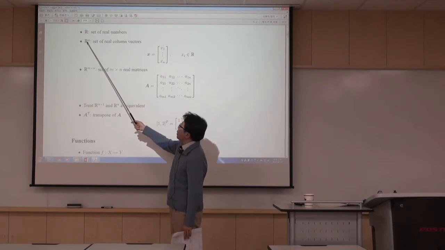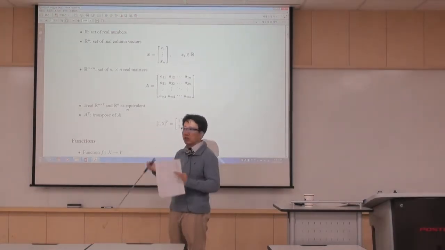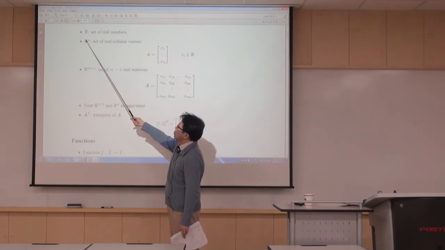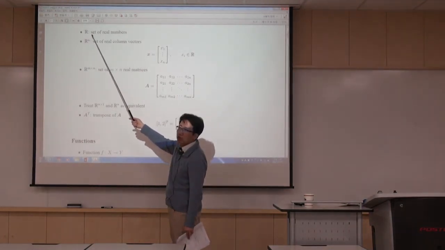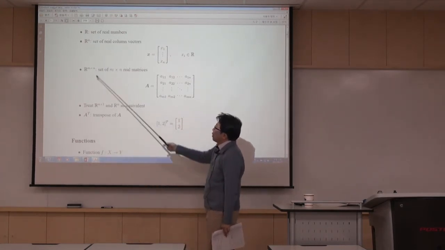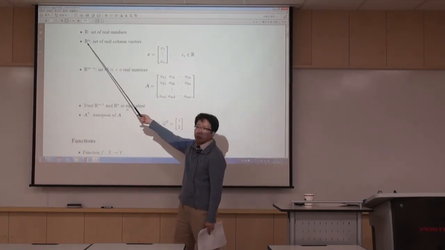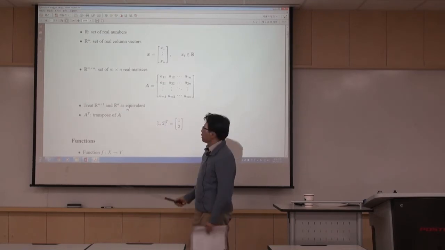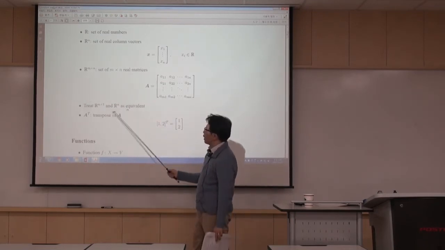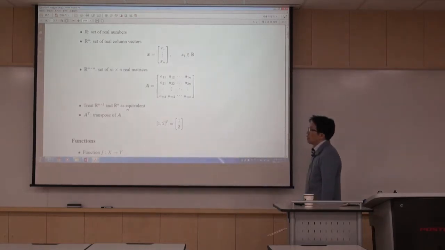Or some people say R superscript n, but superscript is too long. There are two types of scripts, super or sub. In many cases, I would say R sup n, and I just drop it. R sup n by 1 is actually the same as R sup n. So in many cases, we just write it this way without the n by 1. Got it? So they are the same set.